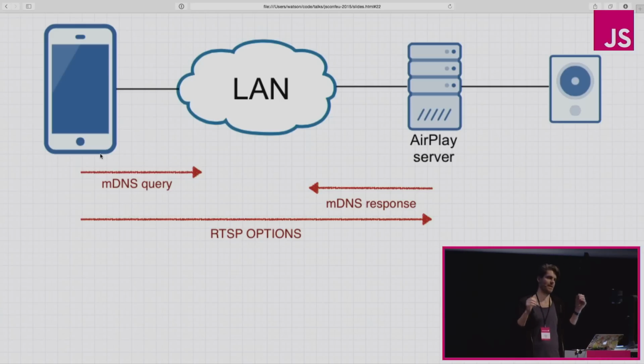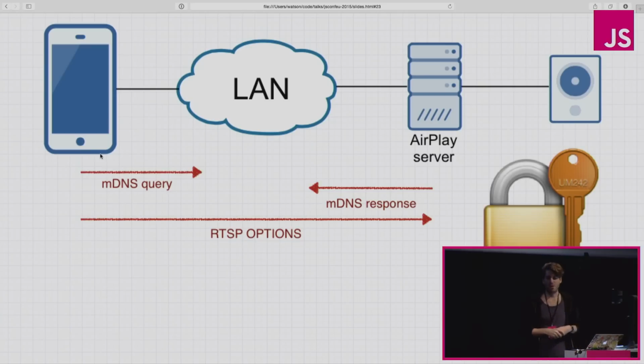And RTSP is basically the protocol that RAOP uses to communicate. It resembles HTTP a lot. It's actually exactly like HTTP, except that they changed the first line, and then they called it RTSP. It is a proper RFC, so you can read about it in a 100-page long document, if you feel like that. The problem is that Apple added this thing to the right.